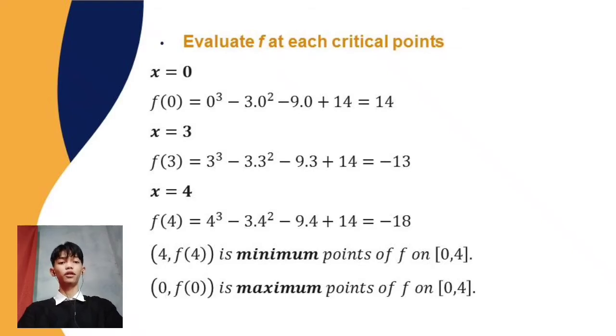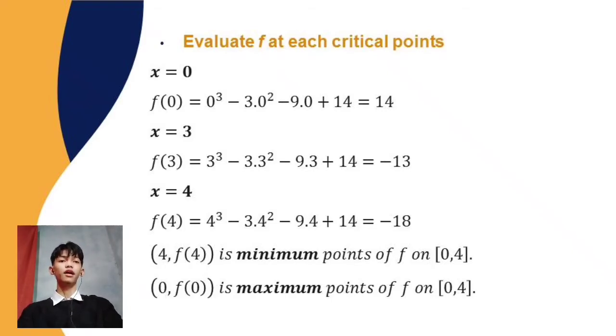And then the last point that we have is x equals 4. Then f of 4 equals 4 cubed minus 3 times 4 squared minus 9 times 4 plus 14. That gives minus 18 as the value of f of 4.